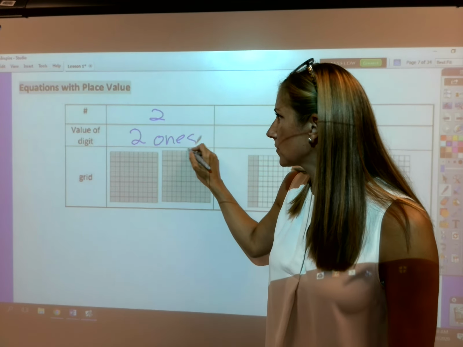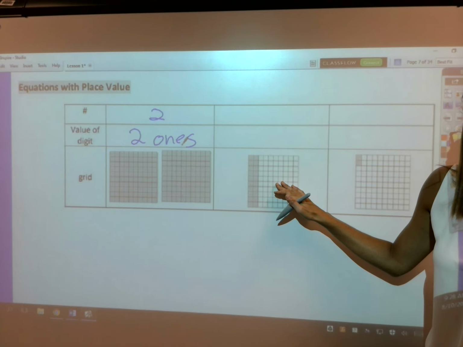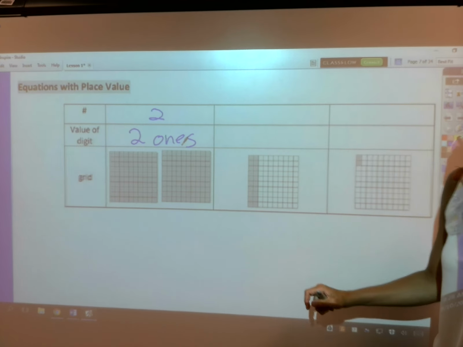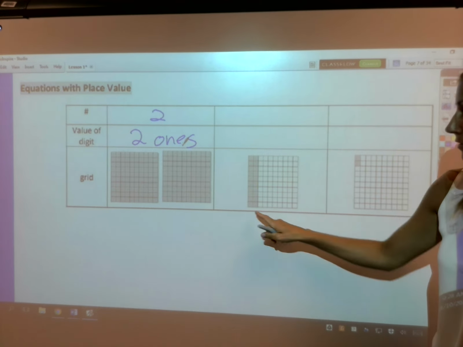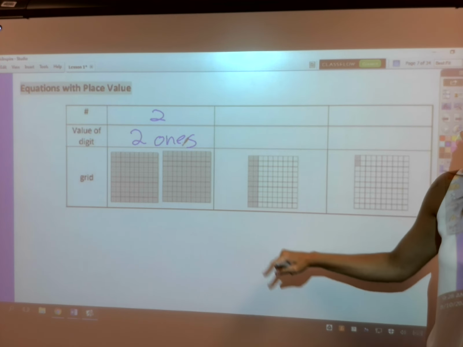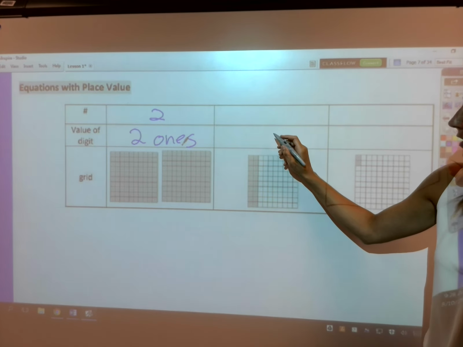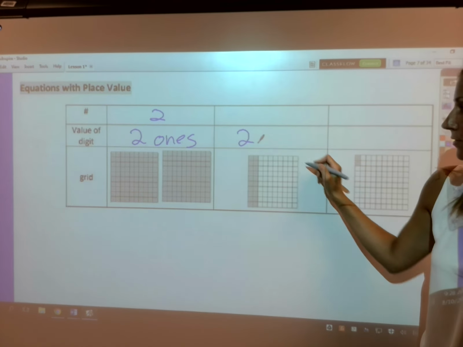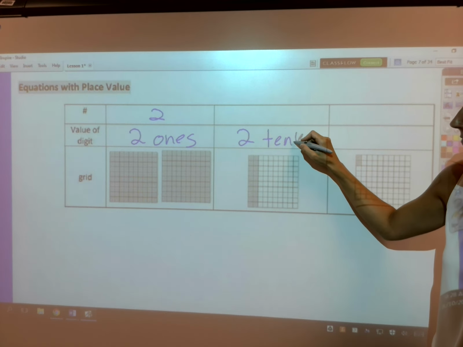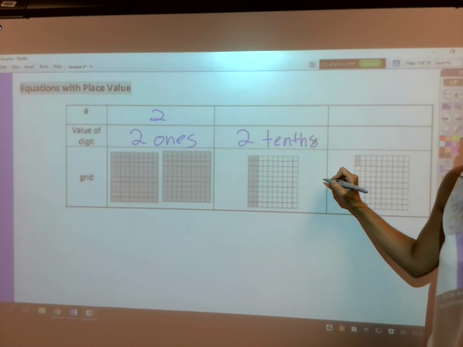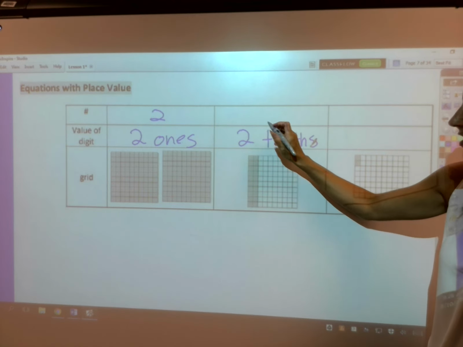And then what about this one? We have 2, but 2 what? How many are there? It would be 2 tenths. And how do we write that in our digits?